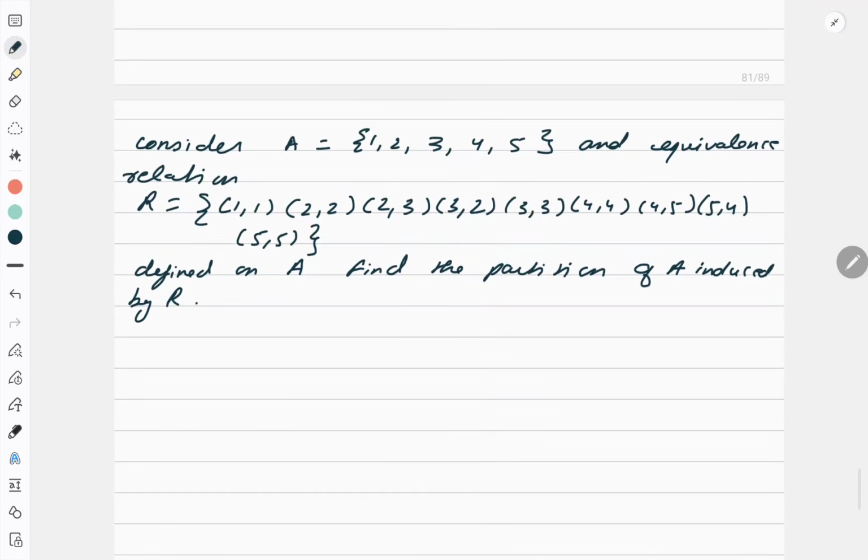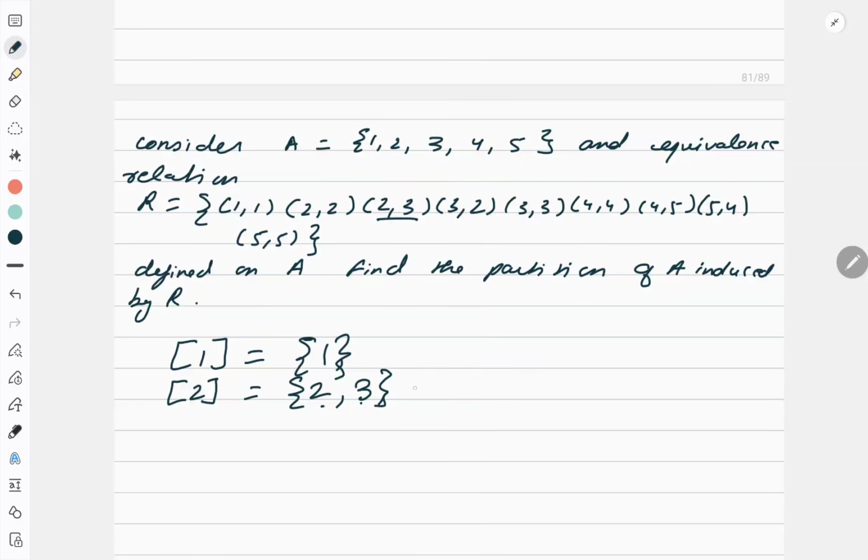Now see, this is another set given and an equivalence relation given, and you have to find the partition. Again I'll do the same process. First I'll find the equivalence class of 1. It will have 1. Is 1 connected to anything else? No, so over. Then I will go for 2. 2 is connected to 2, then 2 is connected to 3 also, then nothing, so over.